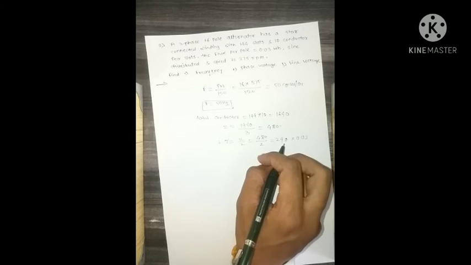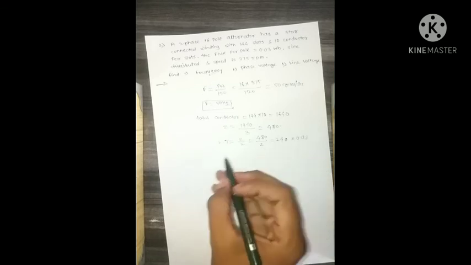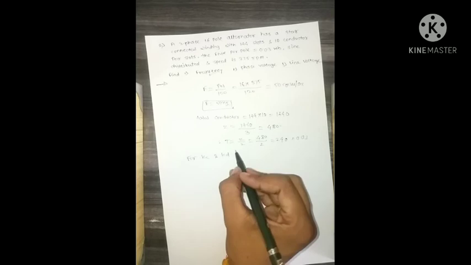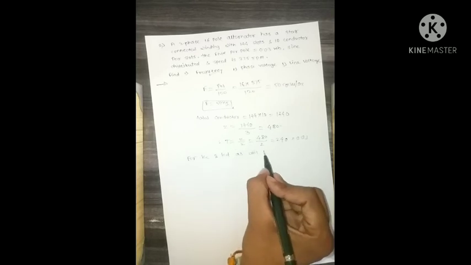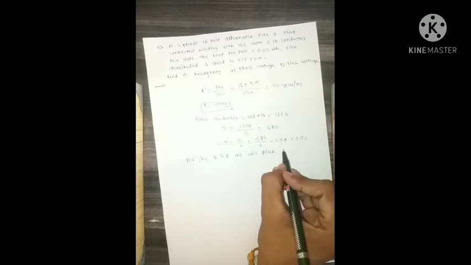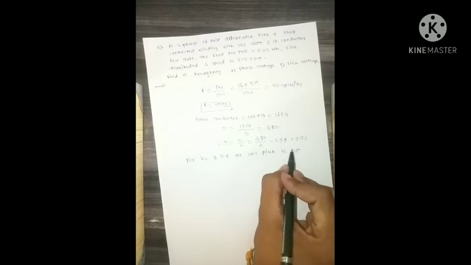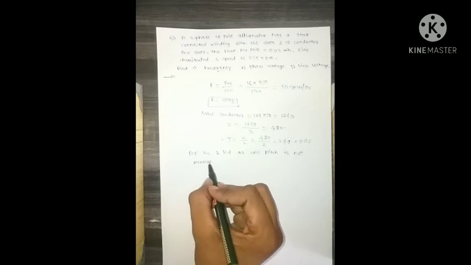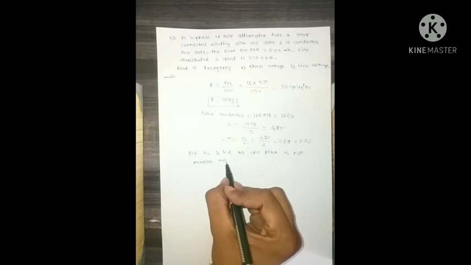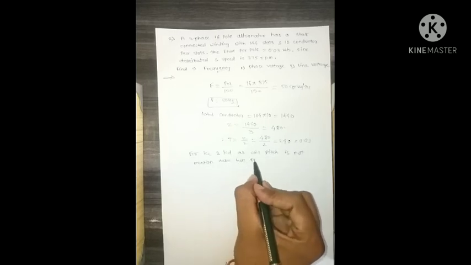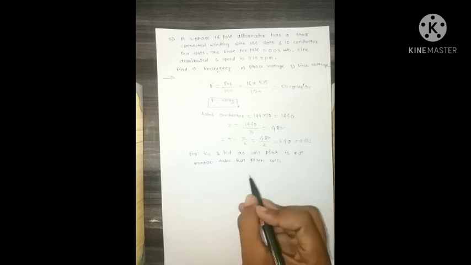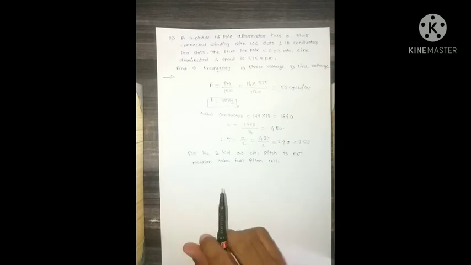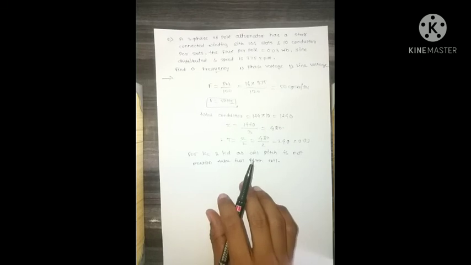Now we have to calculate Kc and Kd. For Kc and Kd, as the coil pitch is not mentioned, we take a full pitch coil.